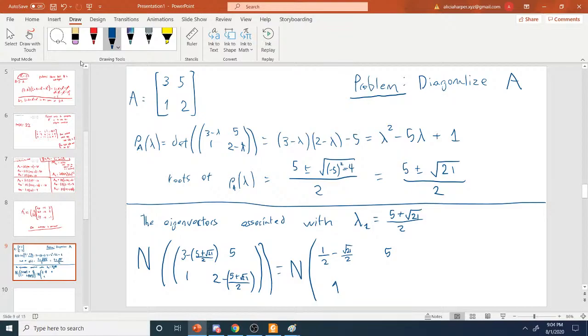And then down here I'm going to have, let's see, negative 1/2 minus the square root of 21 divided by 2. And so this right here is going to be equal, by our little trick, to the span of 5 and then the square root of 21 over 2 minus 1/2.